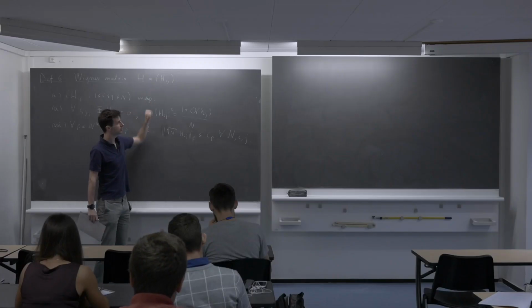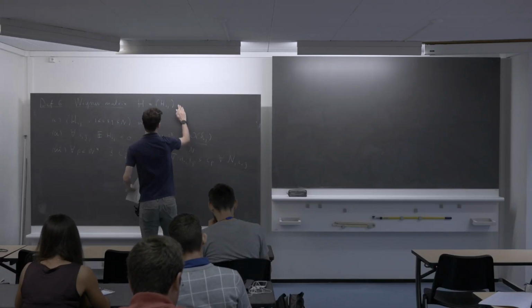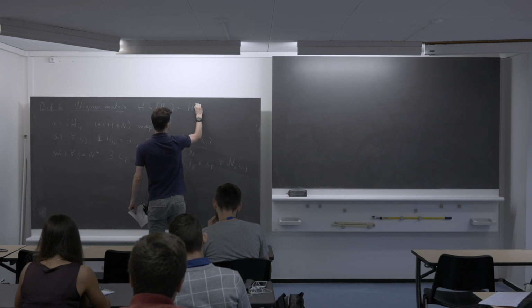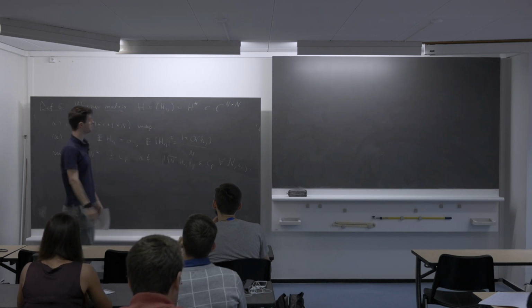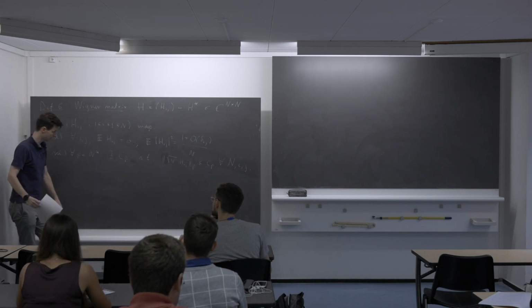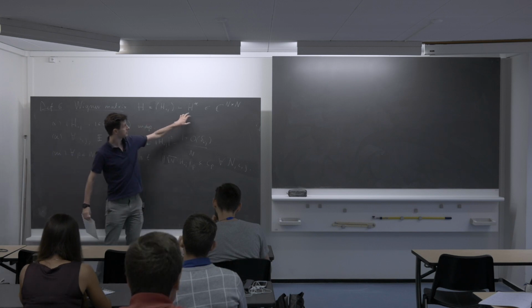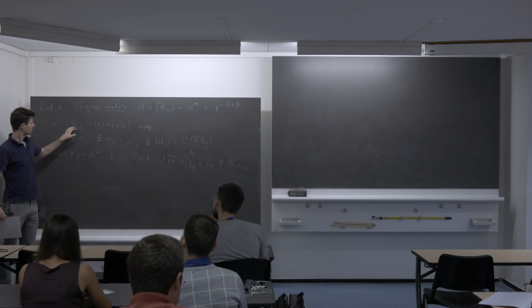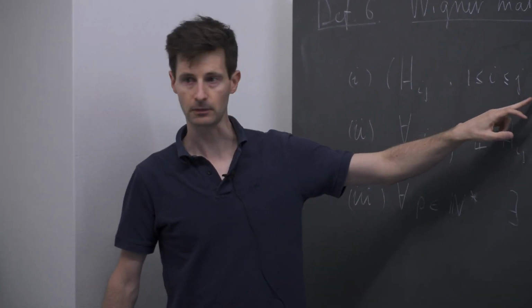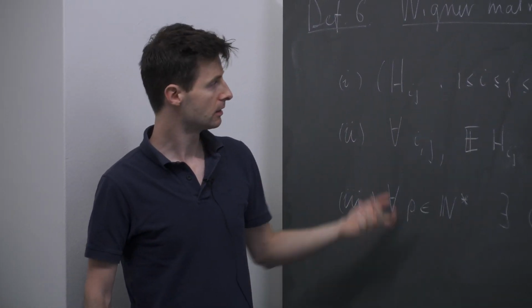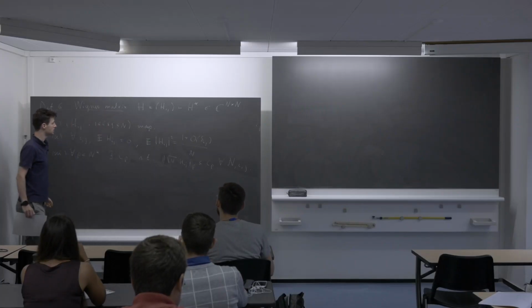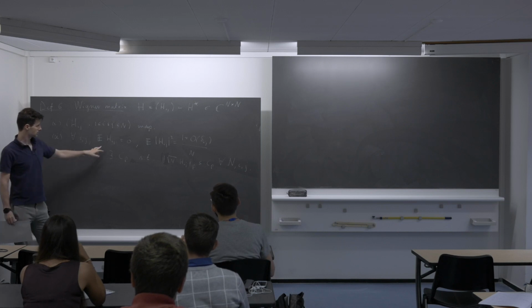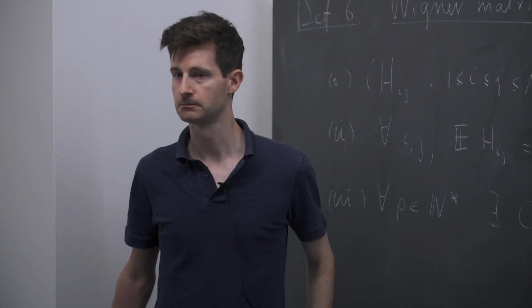So, I recall, it's an n by n Hermitian matrix, and its entries are in general complex numbers, and we choose maximally independent entries under the constraint that the matrix is Hermitian, which means that, for example, the upper triangular entries are all independent, and the remaining ones, the lower triangular ones, are of course given by the constraint that the matrix is Hermitian. We assume that these entries are centered and they all have the same variance.